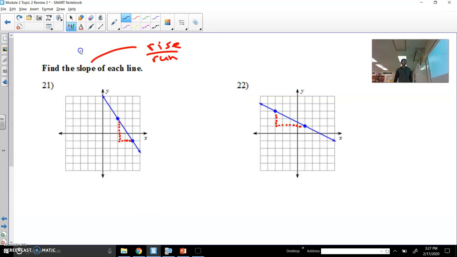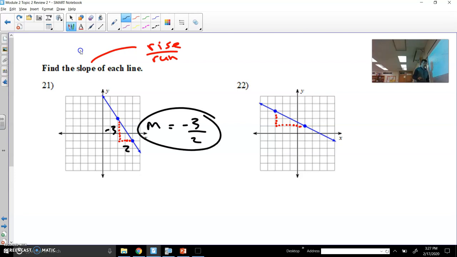And what slope is really doing is it's calculating how you get from one point to another in terms of its rate of change. How much is it going up or down every time you slide over once? And so if we can see the graph, we can count, well, this went down 3 and right 2. So that would be my slope, negative 3 over 2.